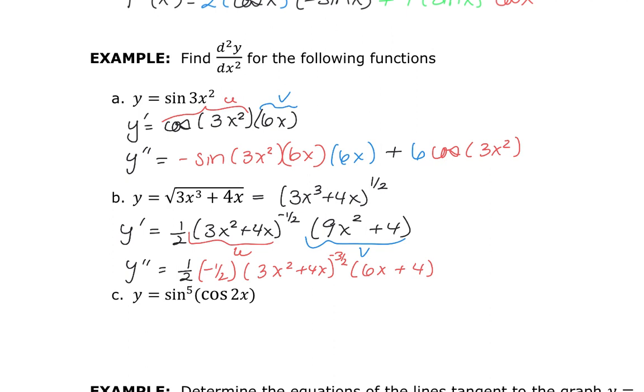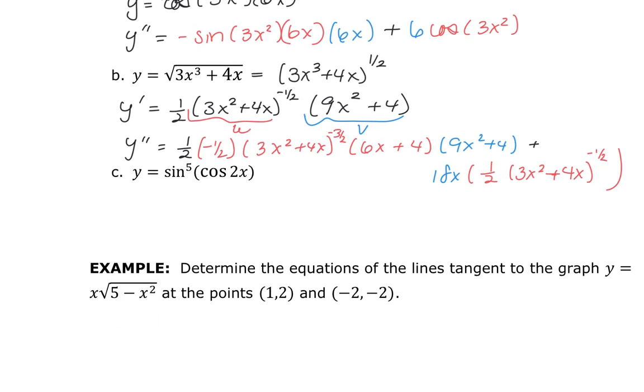Now I still have to multiply by v, which is 9x squared plus 4. Now I'm ready to do the derivative of my second function. The derivative of my v function is 18x, and then it gets multiplied by my u, which is 1/2 times 3x cubed plus 4x raised to the negative 1/2. So there is my second derivative. It got really large, really big, really fast.